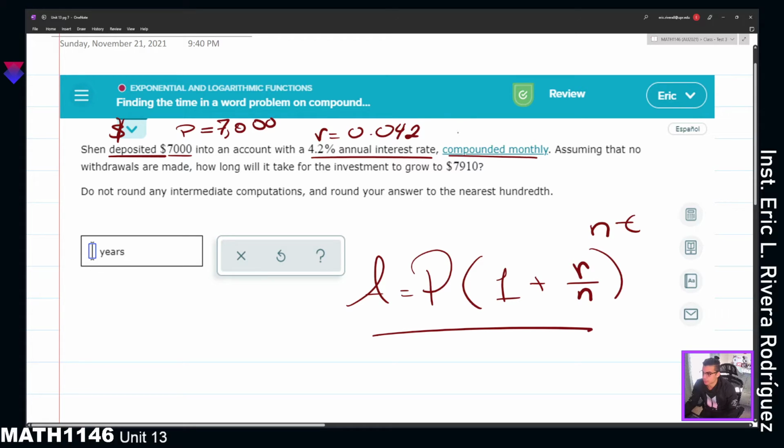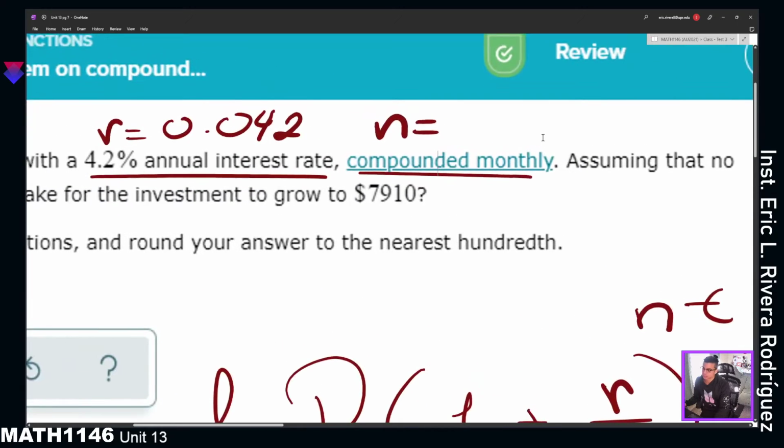For compounded monthly, we can also get the value of n. What is the value of n? Compounded monthly, what would be the value of n?